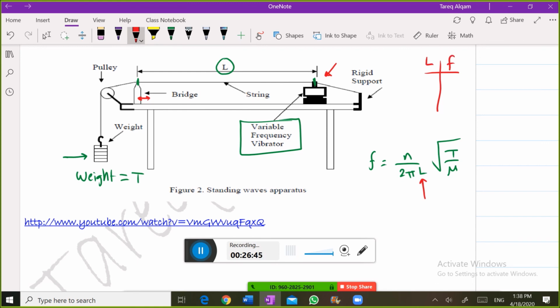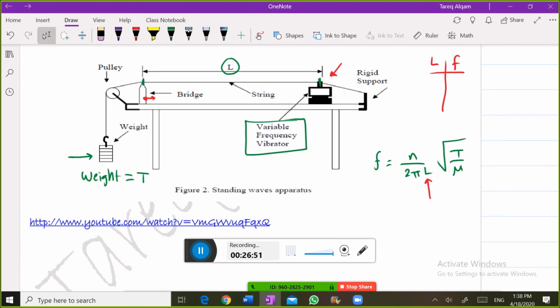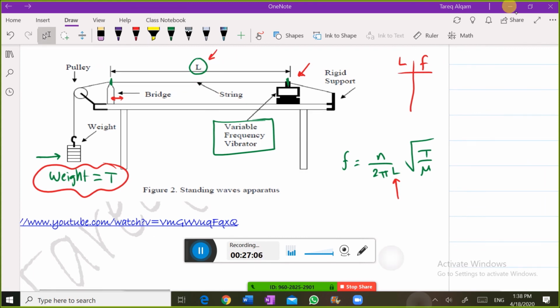The other thing, I may change the tension. If I carry out the previous experiment, I have to keep the tension constant. The second thing that I may do is change the tension, keeping the length as it is, and measure the frequency when the first harmonic is observed.